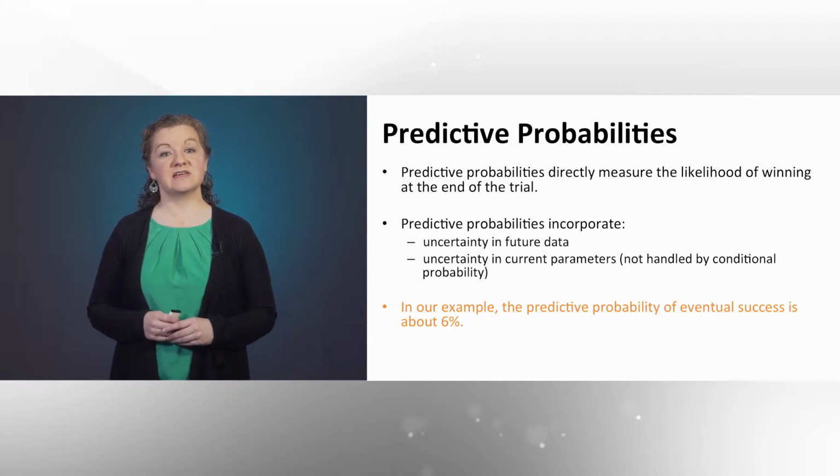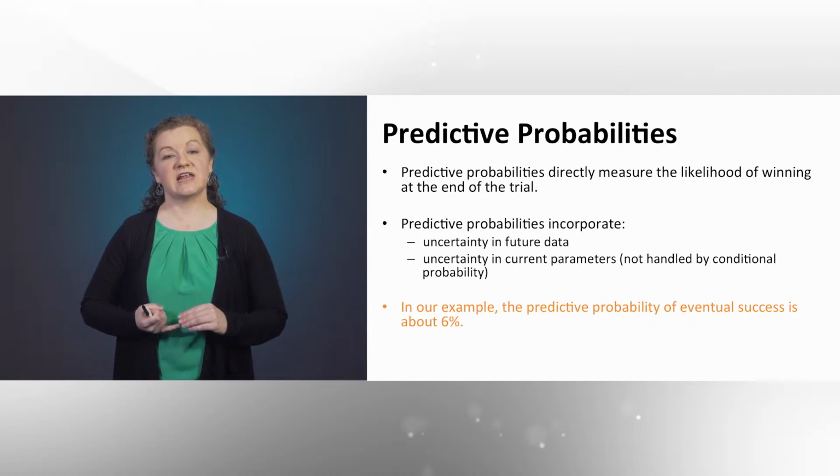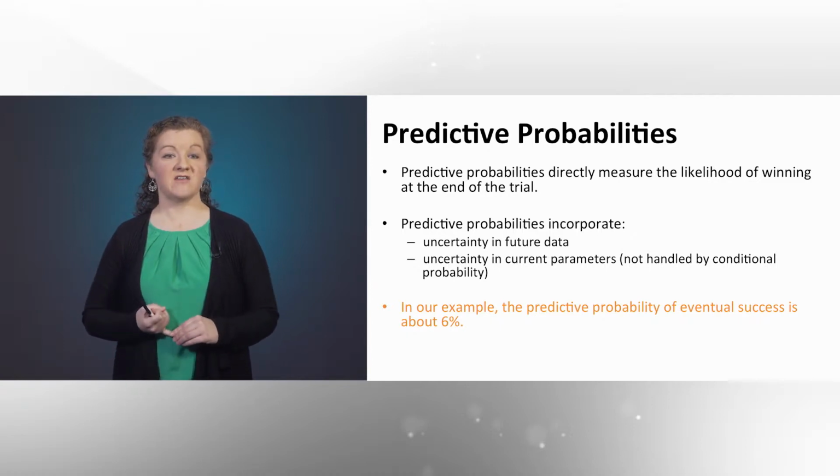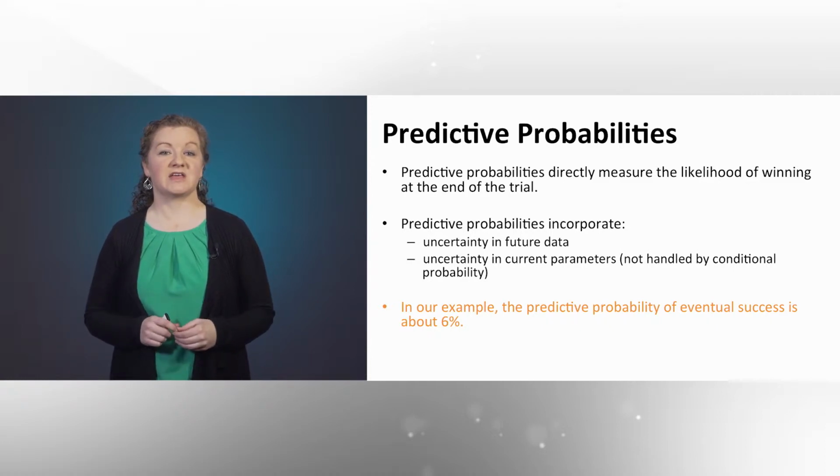And predictive probabilities incorporate various sources of uncertainty, such as uncertainty in how the future subjects are going to behave, as well as uncertainty in our current estimates of the parameters. So just because we've seen a 6% effect right now, doesn't mean we're going to see exactly a 6% effect in the remaining subjects.